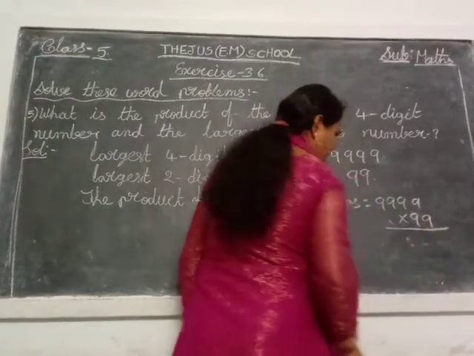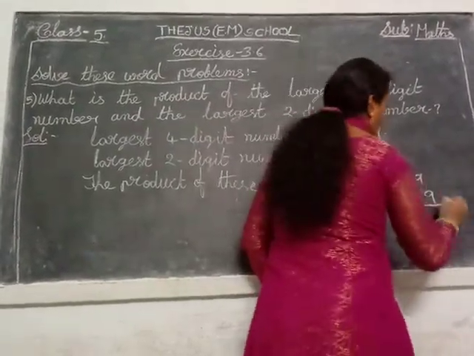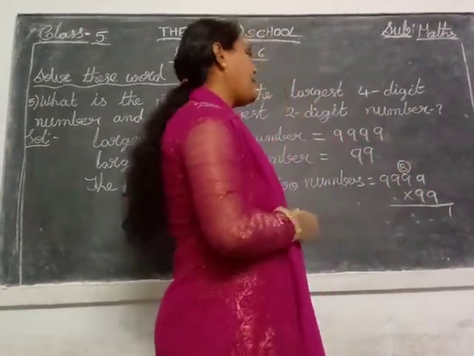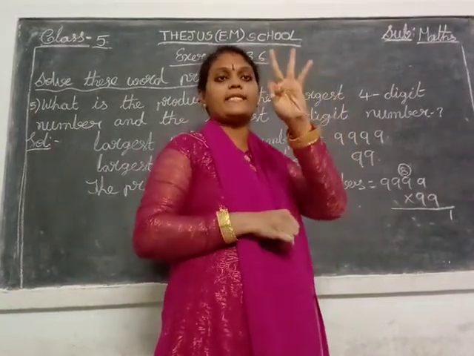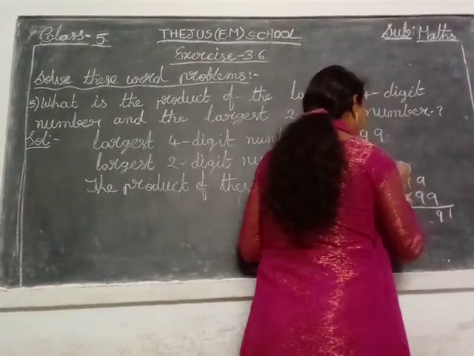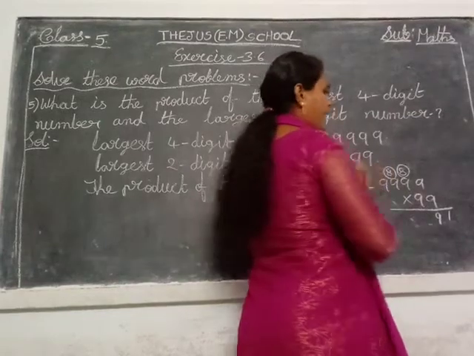You do the multiplication here, children. 9 nines are 81, 1 and 8. Again 9 nines are 81. Keep in your mind, take 8 fingers. 81 after 82, 83, 84, 85, 86, 87, 88, 89. So 9 and 8.